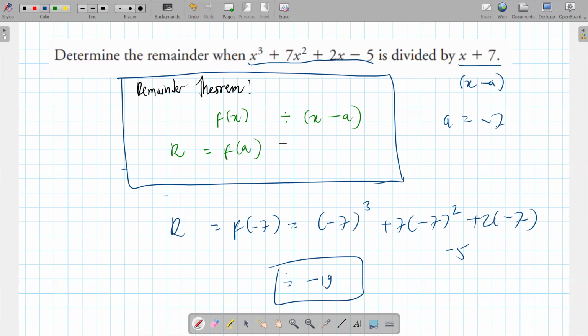When would it have been a factor? What was the condition? The remainder has to be exactly 0. Not any higher, not any lower. It has to be exactly 0.